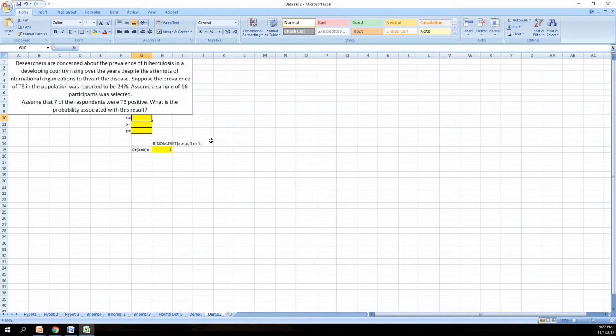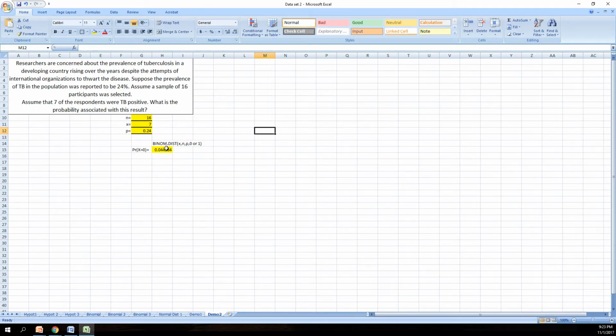For this one, all you have to do is input your n, which is 16 people. Your x is how many of those 16 were TB positive, so 7. Your p is 0.24, the probability.